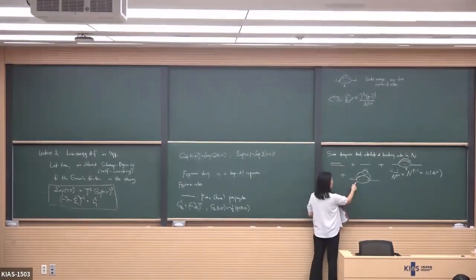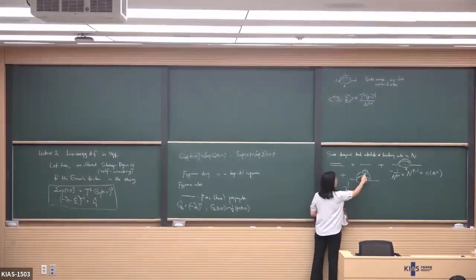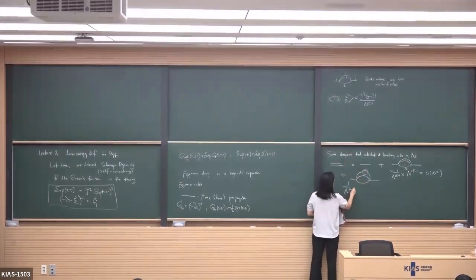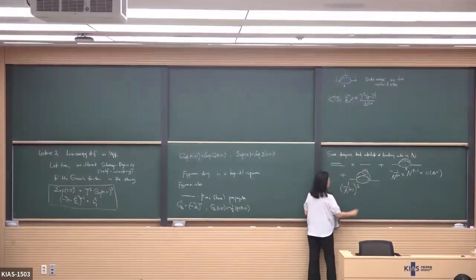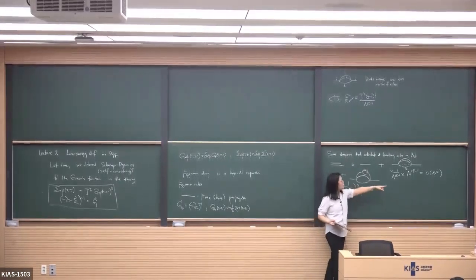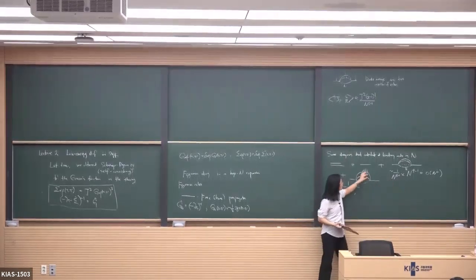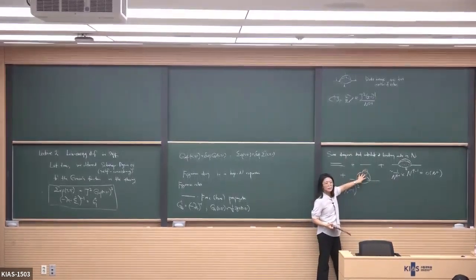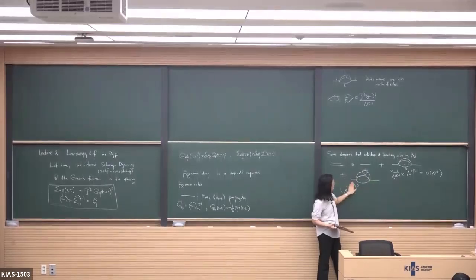Let's count the powers of n of this diagram. So we have 2 insertions of this disorder average, so we have n squared. But then you can see that we also have a compensating factor of n to the q minus 1 in each ball. So this is also at order n to the 0.